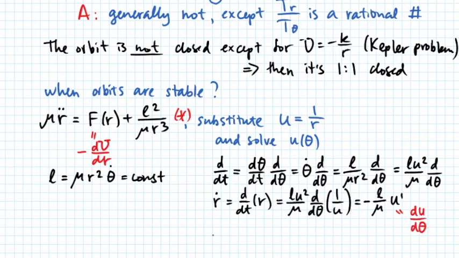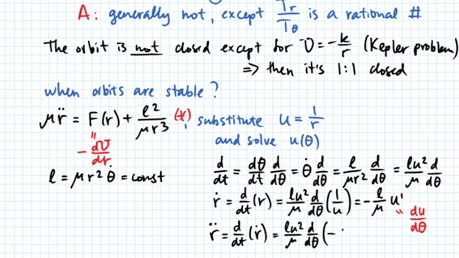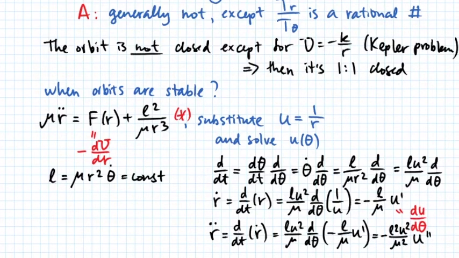Next, we find r double dot, which is d/dt of r dot, or L u squared over mu d/d theta, and we substitute the value for r dot that we just found, minus L over mu u prime, which is equal to minus L squared u squared divided by mu squared times u double prime.